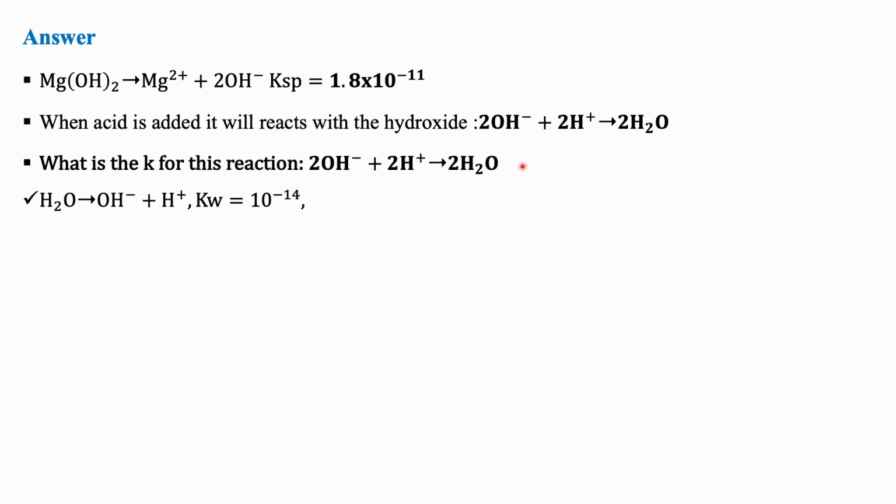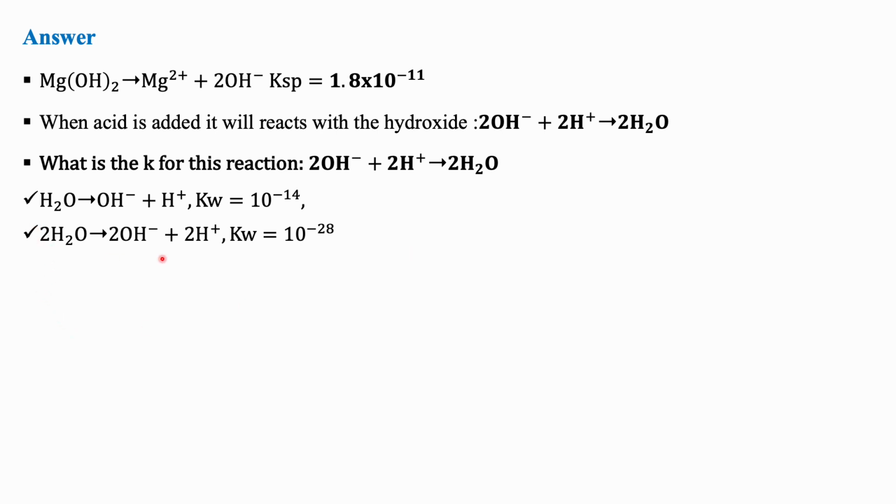When we multiply by 2, we have 2 water giving 2 hydroxide plus 2 H plus, which is the same as 2 times this one, so the K is Kw squared, which is 10 power negative 28, because we multiplied both terms by 2.